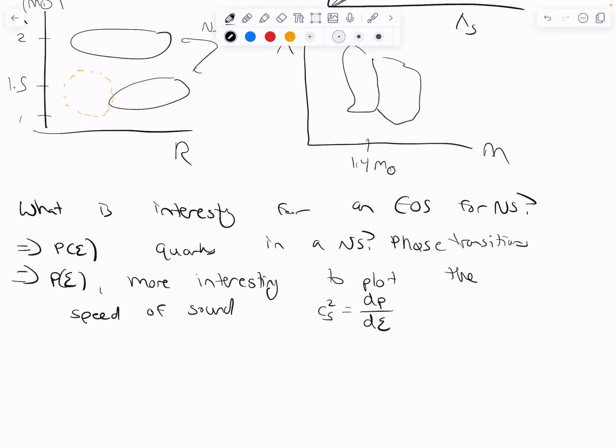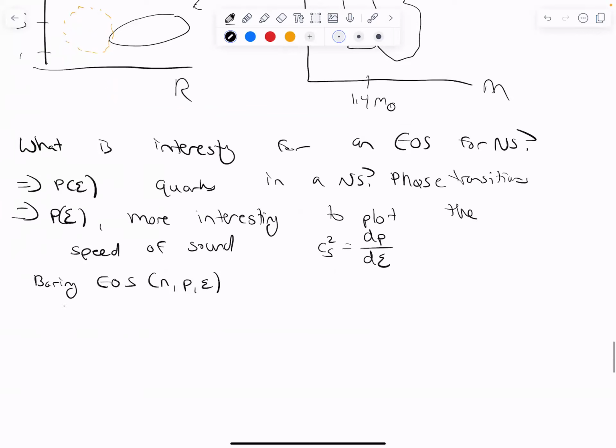If I look at what I might call a boring equation of state, something like neutrons, protons, electrons, then my speed of sound versus my baryon density, or I could do energy density, either way is fine, is just going to kind of monotonically increase like this. It doesn't look that exciting.